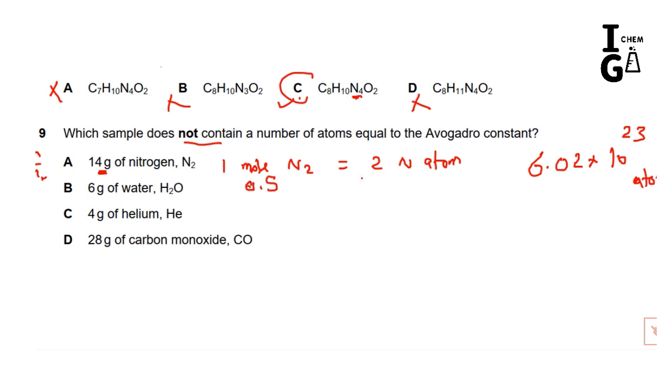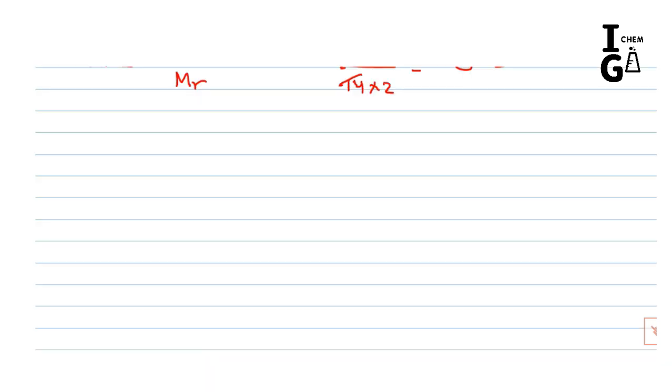If we take all of this information, we need to say half times the Avogadro. So let's do this. 0.5 times Avogadro 6.02 times 10 to the power 23, and then times the number of atoms, because the number of atoms we said is 2, because every 1 mole of nitrogen has 2 atoms.